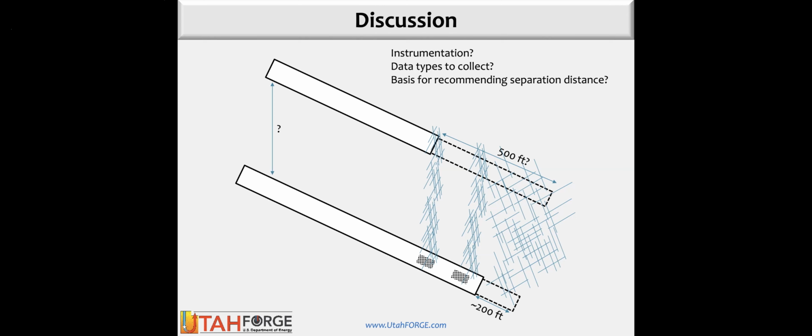But then the second very important thing is the design of the completion, how many clusters, how many perforations, and the design of the frac itself, because ultimately that's going to control what these fracs look like. And so I think some degree of flexibility on the optimization of the fracture treatment is going to be extremely useful and important.